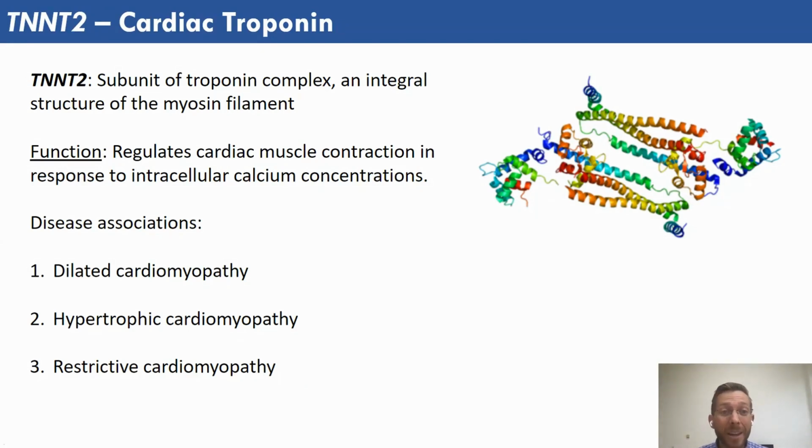Variants that have been previously identified in TNNT2 have been associated with dilated cardiomyopathy, a thinning of the ventricular wall, hypertrophic cardiomyopathy, a thickening of the ventricular wall, or restrictive cardiomyopathy, where the heart just isn't squeezing as properly as it should. And the identification of a variant within TNNT2 in our patient fit perfectly with this dilated cardiomyopathy diagnosis.